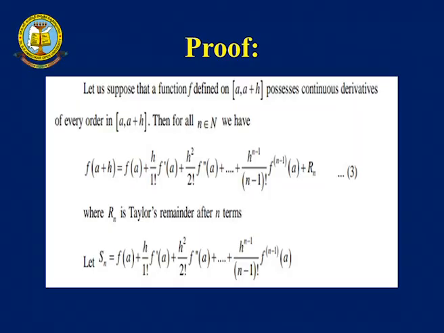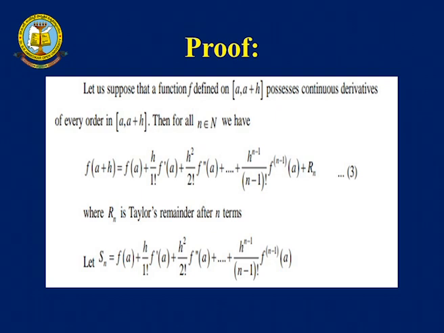Let us suppose the function f is defined on the closed interval a comma a plus h and has continuous derivatives of every order in a comma a plus h. Then for all n belonging to N, we have f of a plus h equal to f of a plus h by 1 factorial into f dash of a plus h square by 2 factorial into f double dash of a plus and so on, h power of n minus 1 by (n minus 1) factorial into f power of n minus 1 of a plus Rn.